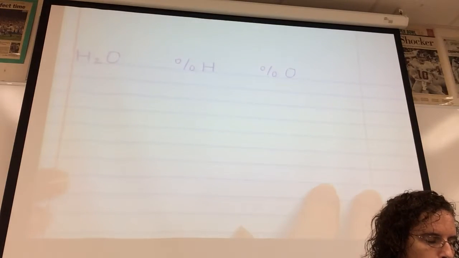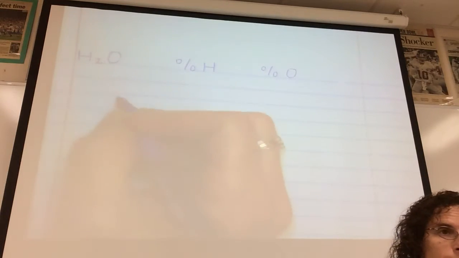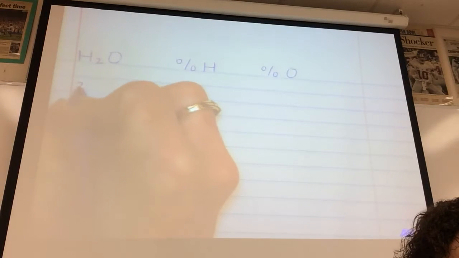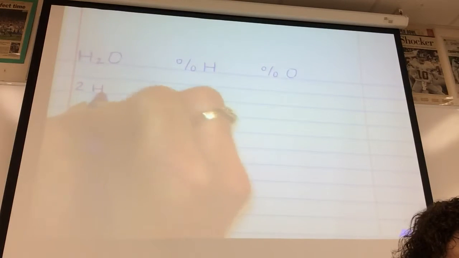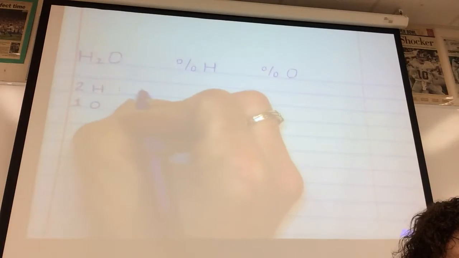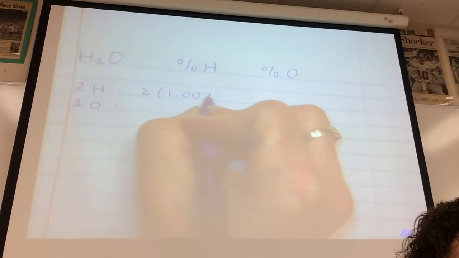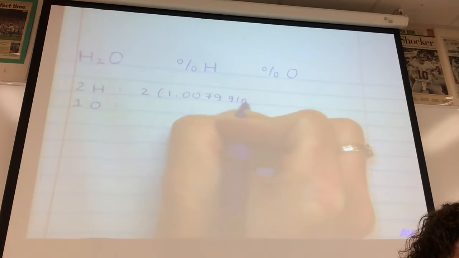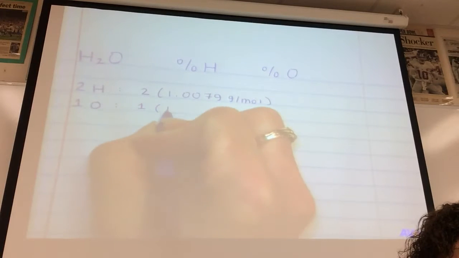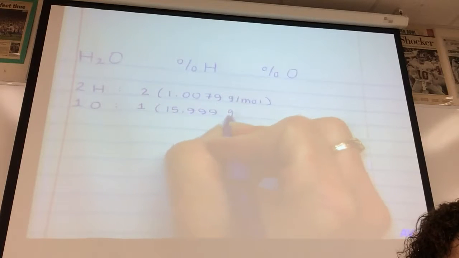We've written the chemical formula. We need to figure out the molecular mass for a covalent compound. We have 2 H's and 1 O. 2 times 1.0079 grams per mole. 1 times 15.999 grams per mole.